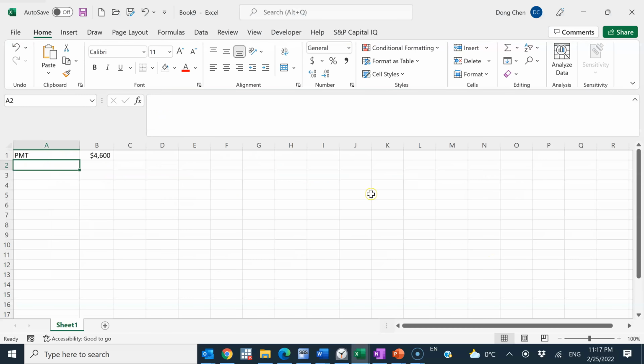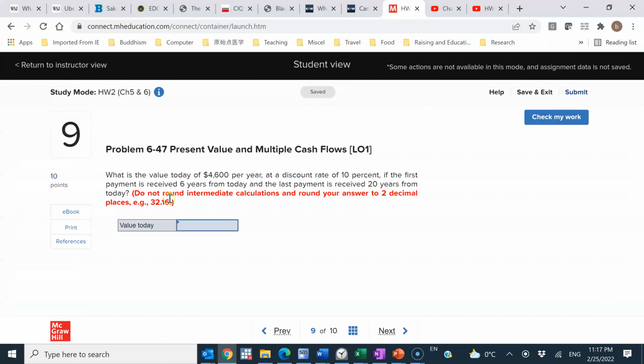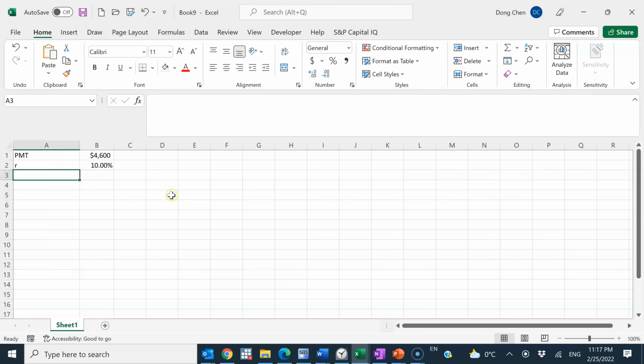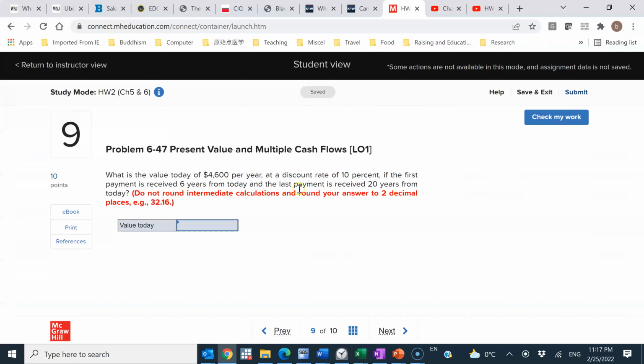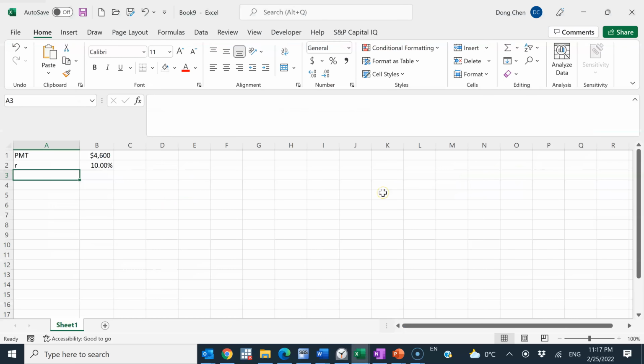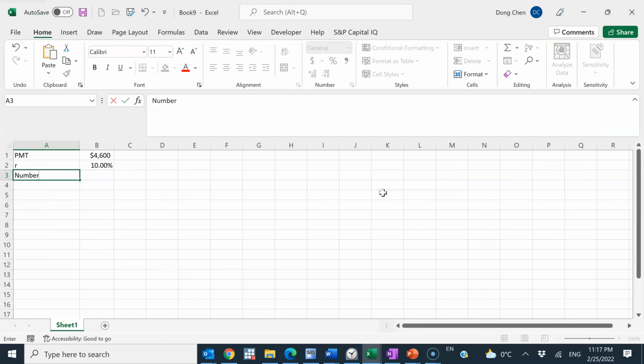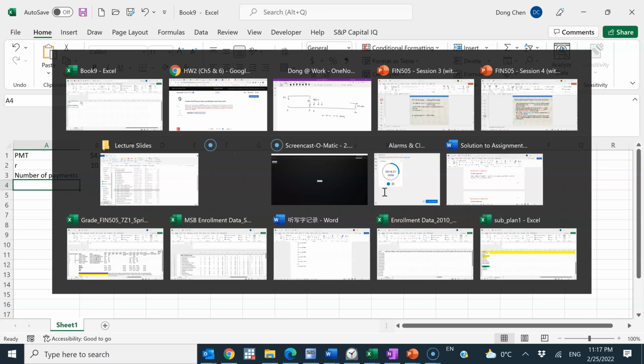The discount rate is 10%. The first payment is at 6 years and the last payment at 20 years, and from those two pieces of information we get the 15 total number of payments.